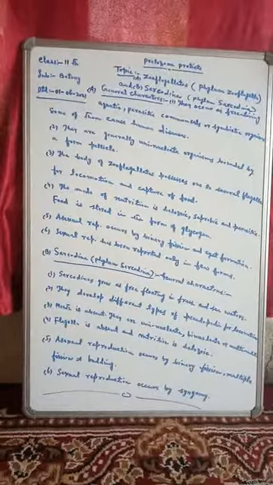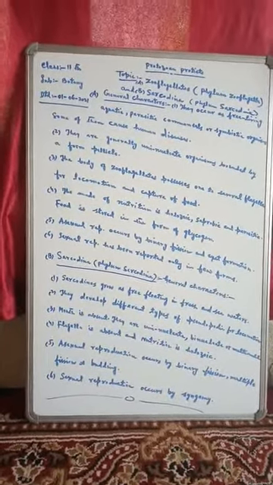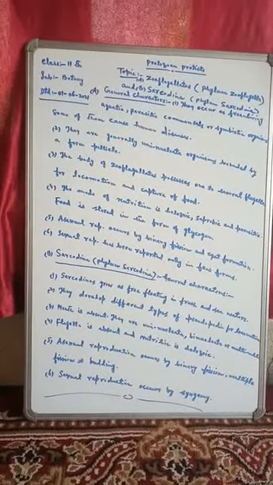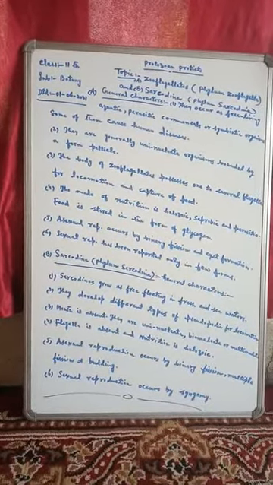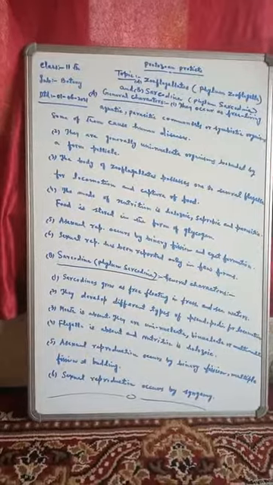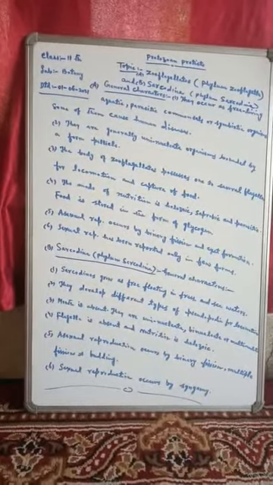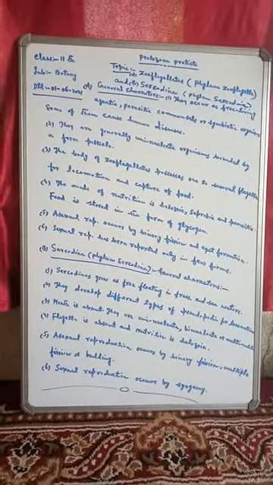You are fully aware that we are discussing the protozoan protists, and in our previous lecture we studied the general characters of these protozoan protists, and we have also seen that they have been divided into 4 groups.